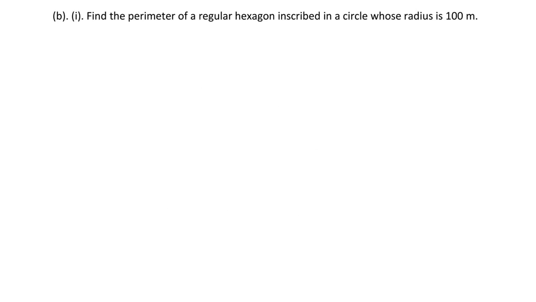Part B, Roman 1, find the perimeter of a regular hexagon inscribed in a circle whose radius is 100 meters. Okay, so this is a geometric problem. We can use the following formula to find the perimeter for a polygon inscribed in a circle, which says perimeter equals 2nr sine in brackets 180 degrees over n.